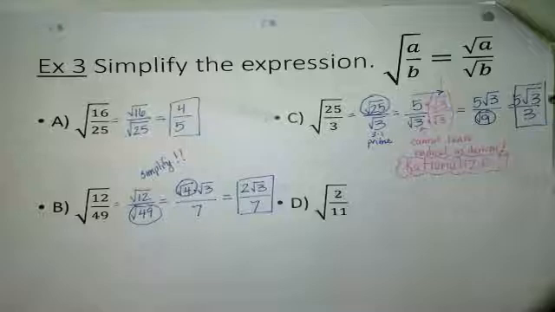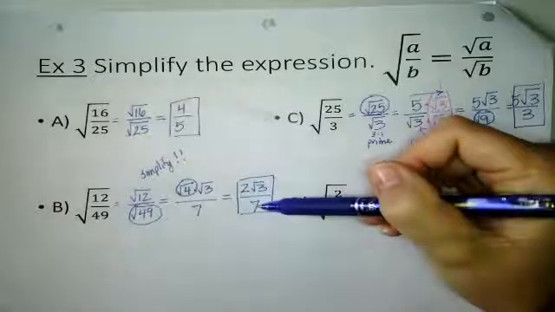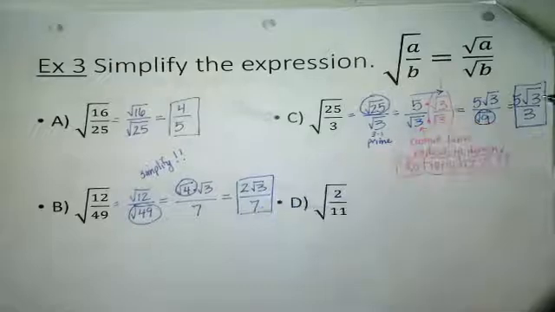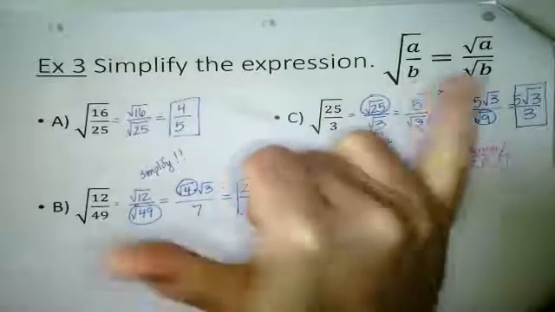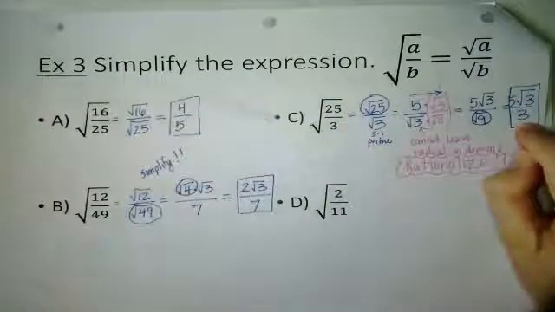A lot of students ask, can we reduce the 3's? That's a good question. And if this had been an 8 here, then we could have reduced the 2 and the 8. We cannot reduce these 3's because one is totally radical and one is a regular Joe, and they don't mix.